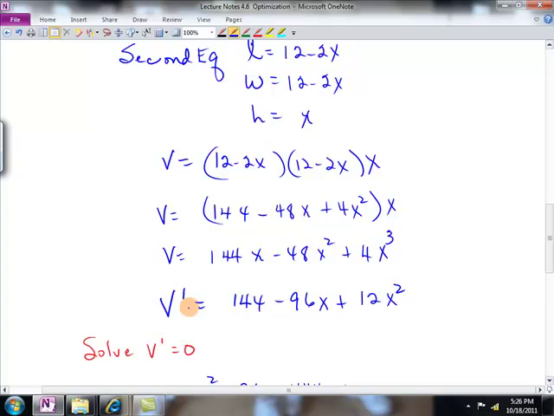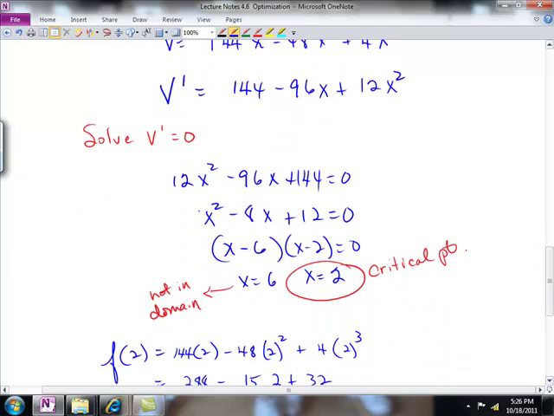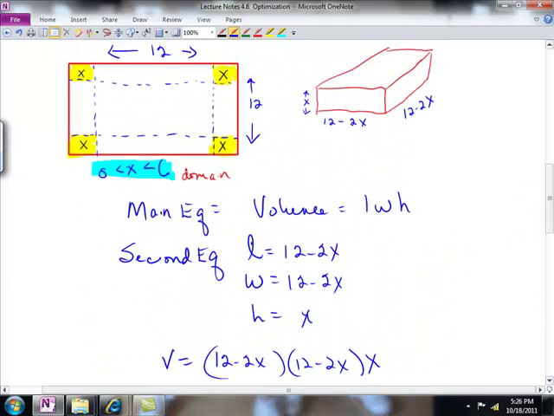Then you're going to take the derivative, and you get 144 minus 96x plus 12x squared. You want to set that equal to 0 and solve it. When you solve it, it factors nicely, but you get x is 6 and x is 2. Well, 6 is not in the domain. Remember, we found up here that x had to be between 0 and 6.